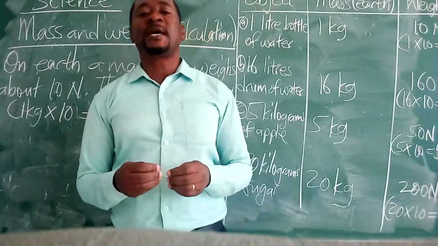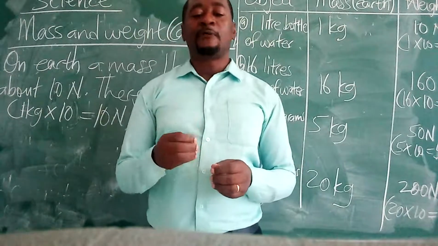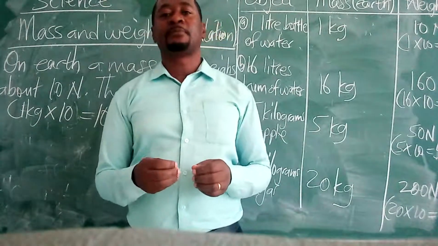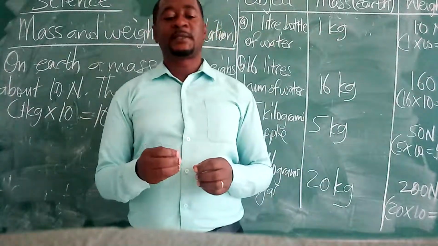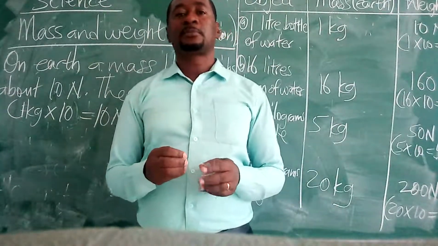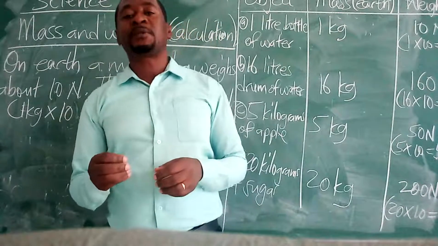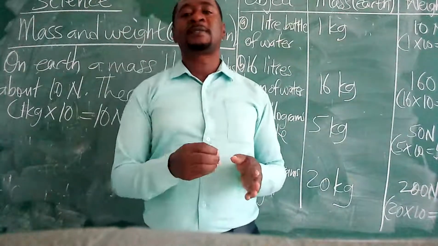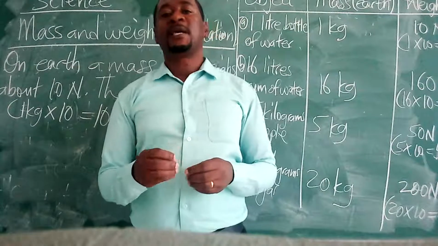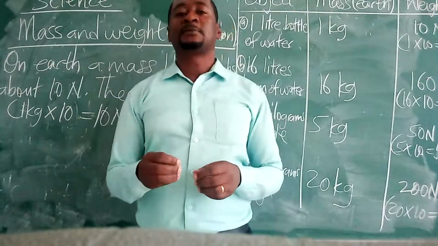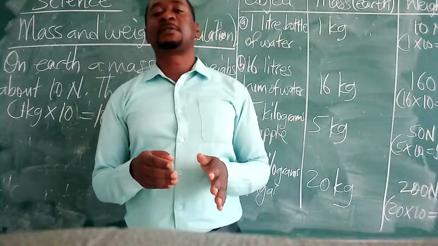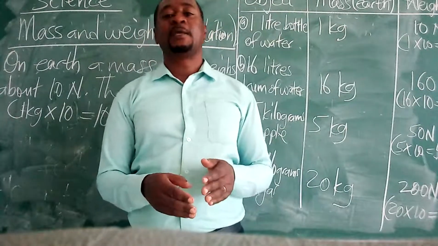You can also say that the unit of mass is kilograms, but the unit of weight is Newton. The instrument for measuring mass is scale, but the instrument for measuring weight is force meter. These are the differences between mass and weight.